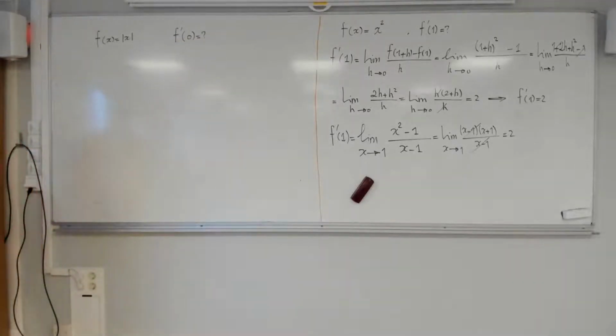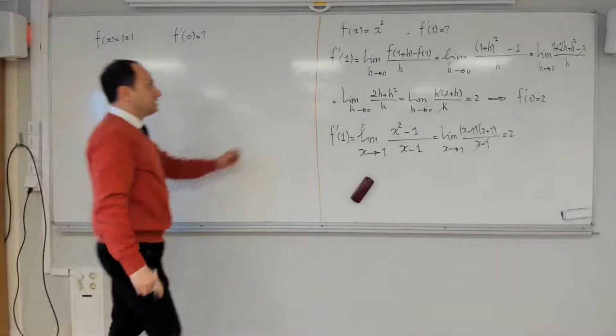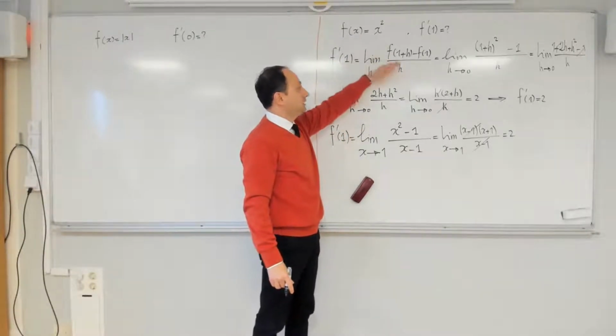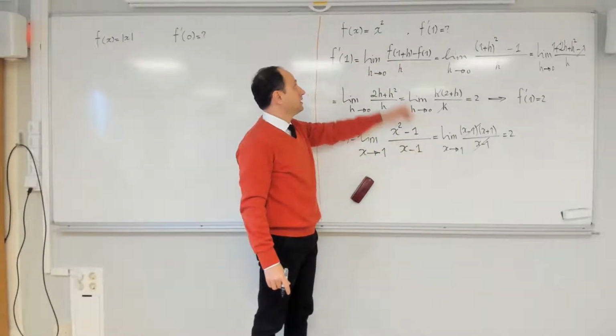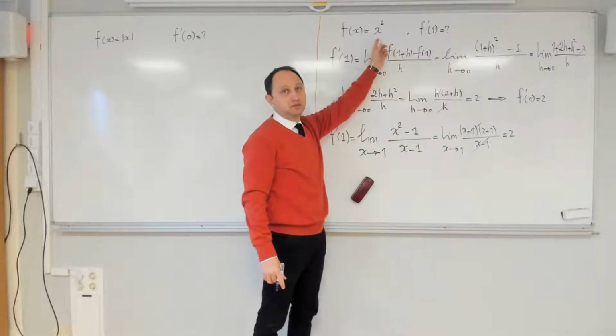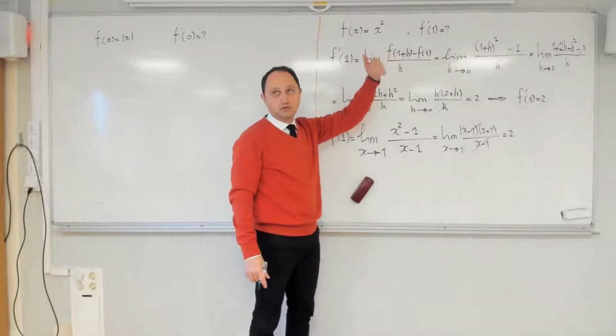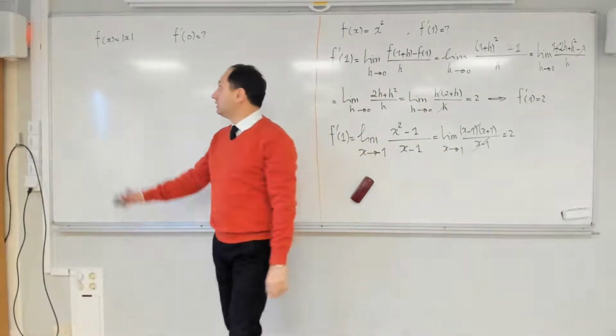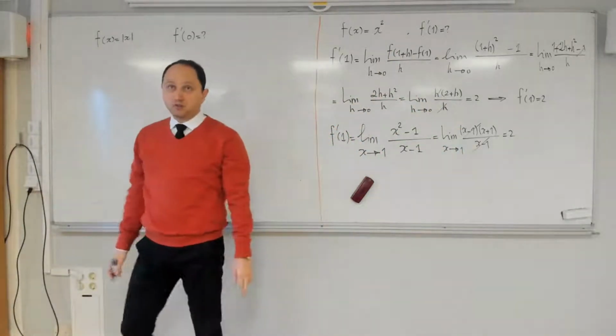Okay, so I want to calculate the derivative of this. First of all, this simple method does not work here, because in this case, even if you don't like this, you have a formula for the derivative of x squared, which is 2x. You do it, and then replace x with 1, you get 2. But there is no formula for the derivative of absolute value of x.